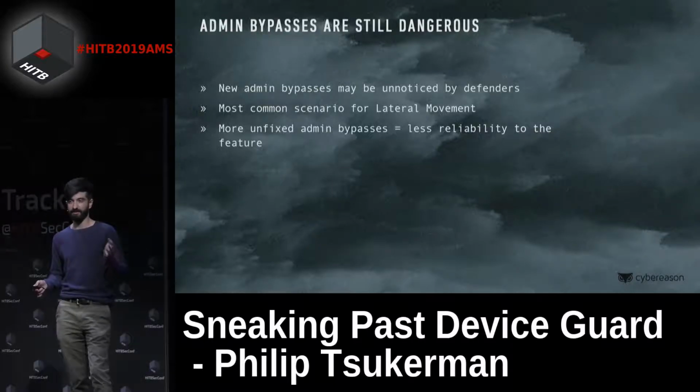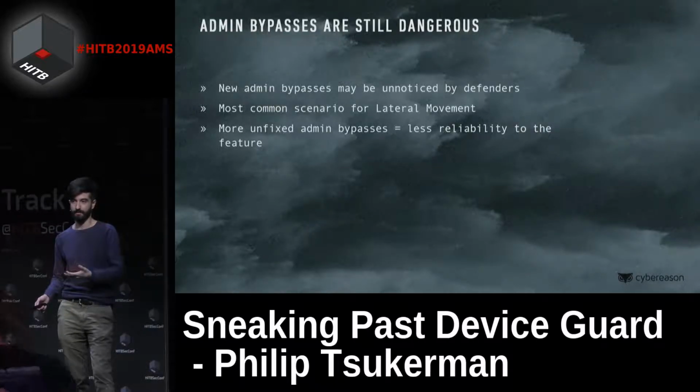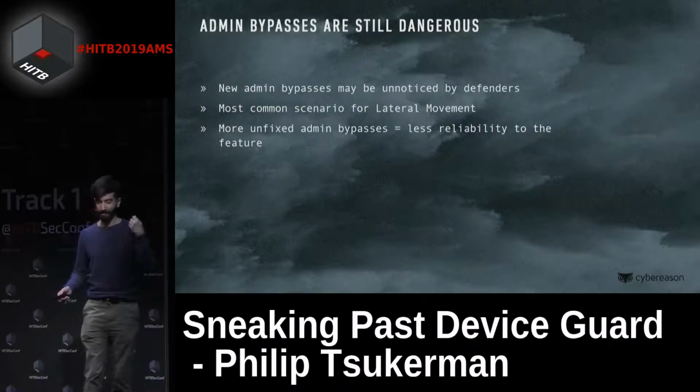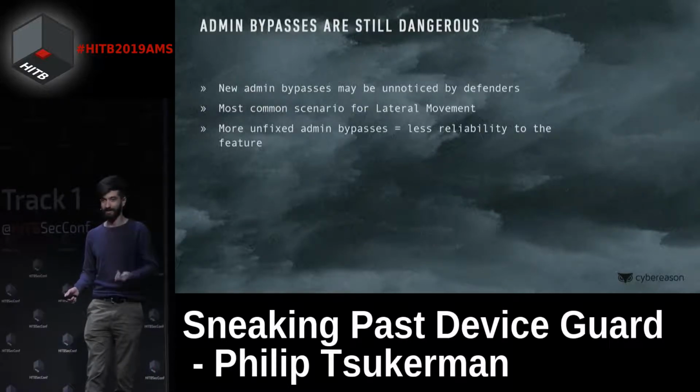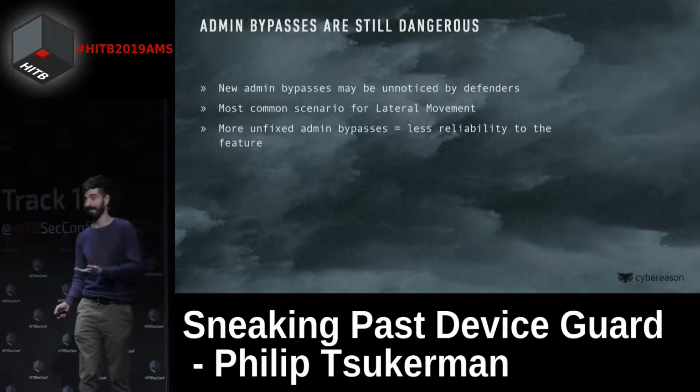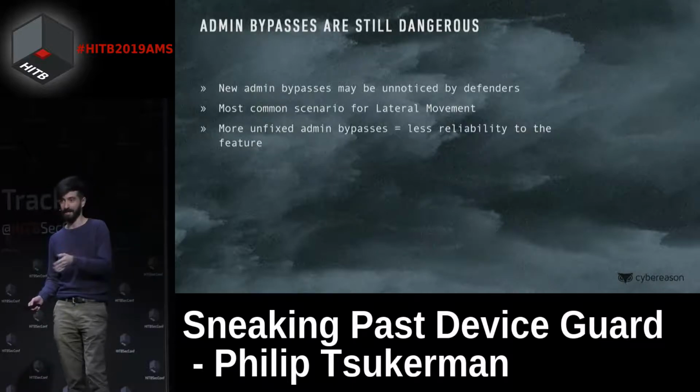And this really gives less reliability to the feature, because device guard does not really care about users. So if you're a benign user running as admin, you won't be able to run whatever you want and you will be very frustrated. And if you're a malefactor, you will be able to bypass it, which makes it just a really annoying feature as an admin.